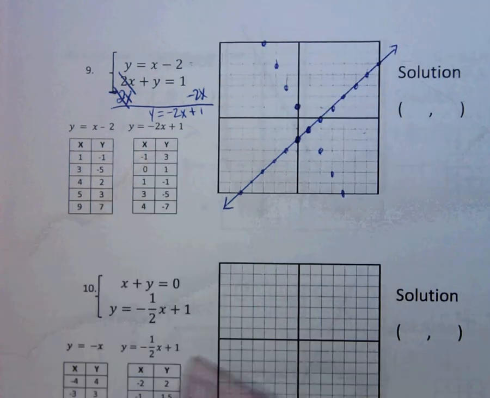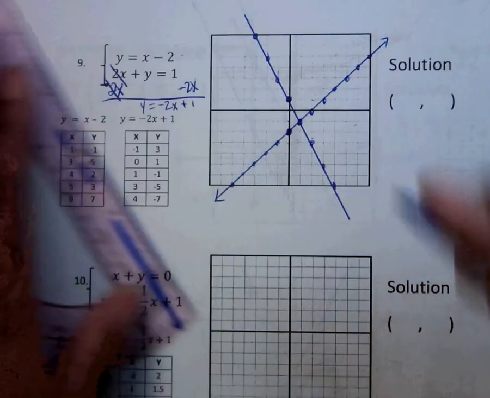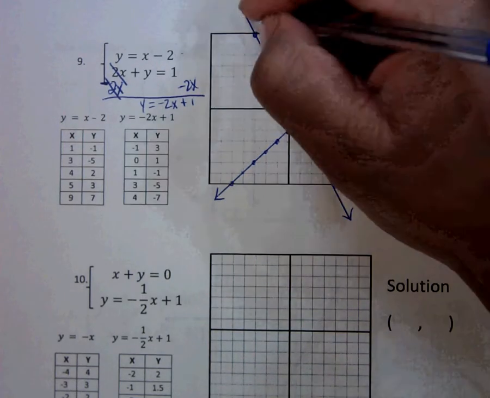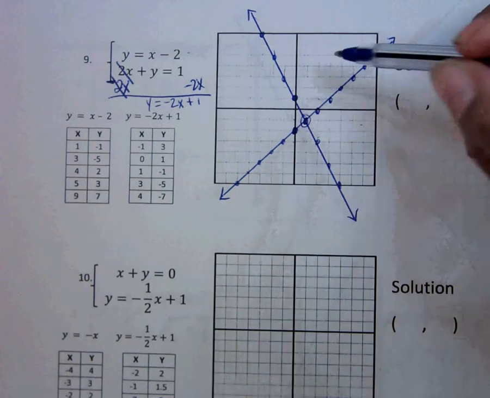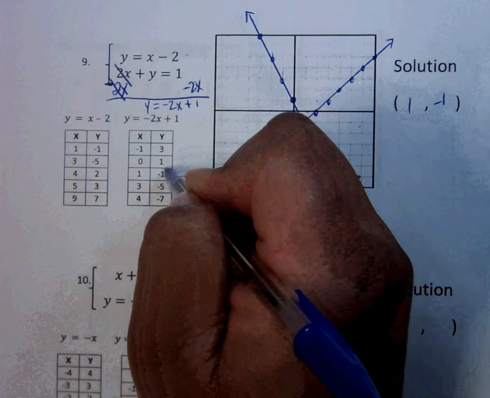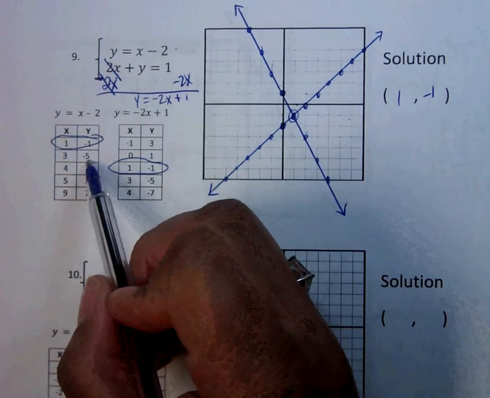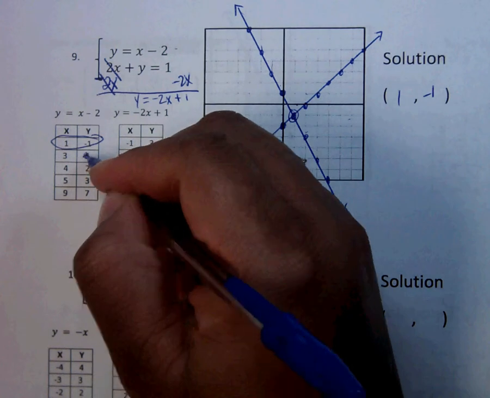And do the opposite to get the other side of the line. And now I have used my straight edge. I see where they cross. They cross at 1, -1. For those that see the mistake, on number 9, that should not say -5. That should say 1.